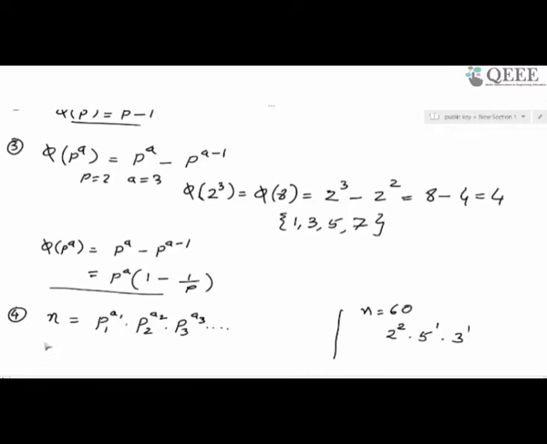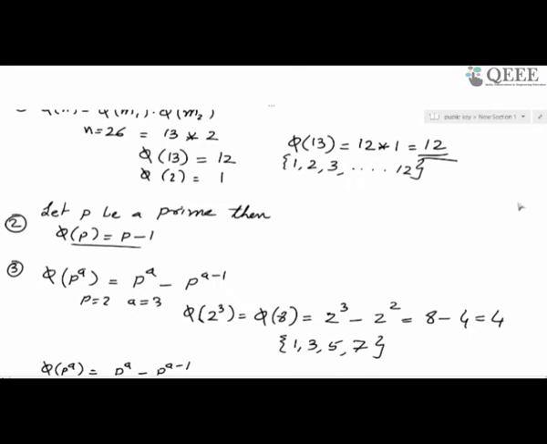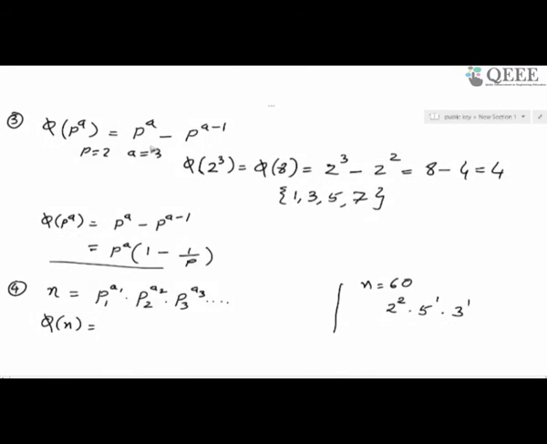So now we can find phi of n, from this particular rule over here, to be equal to phi of p1 to the power of a1 into phi of p2 to the power of a2 into phi of p3 to the power of a3 and so on.